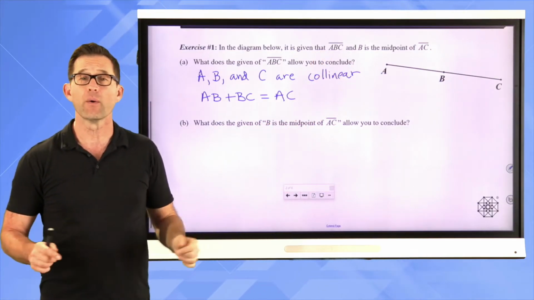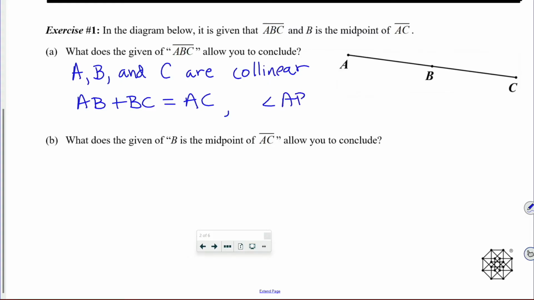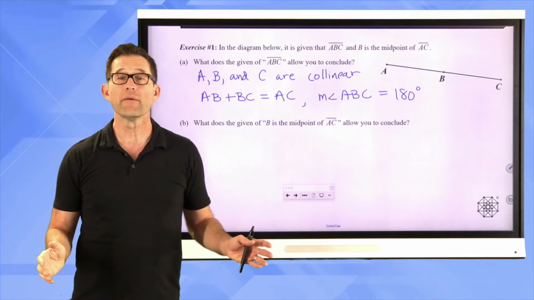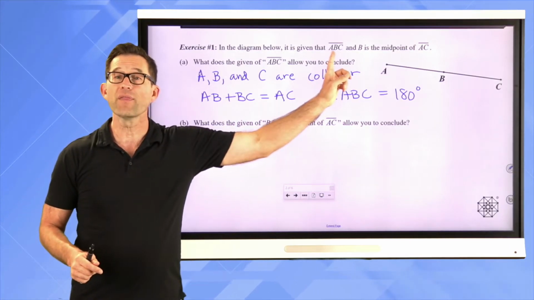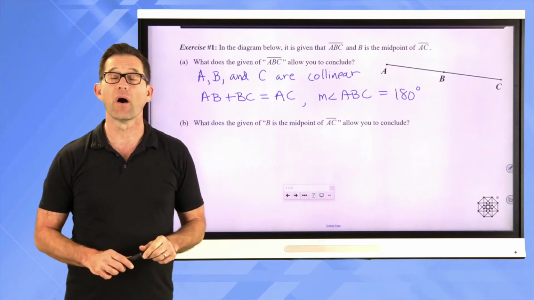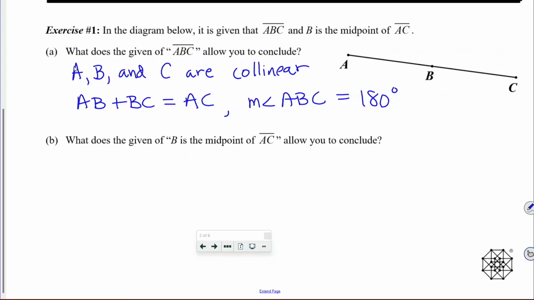There is one other thing that we can infer, which is that the measure of angle ABC is equal to 180 degrees. Either one of those are pieces of information that we can infer from knowing that points A, B, and C are collinear.